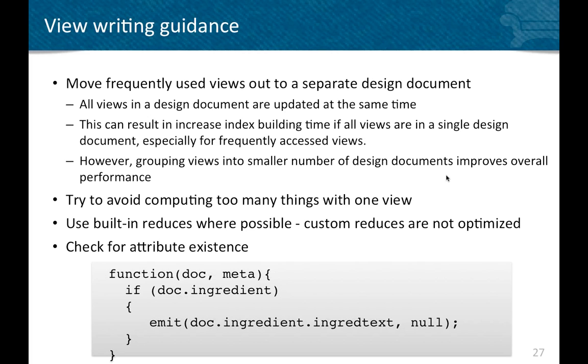And trying to find undefined .ingredient text is going to throw an exception, and it'll halt the processing of that document for all the views in your design document. So you can have a runtime exception in one view cause the document to be missing from another view, unless you are careful to check for attribute existence.